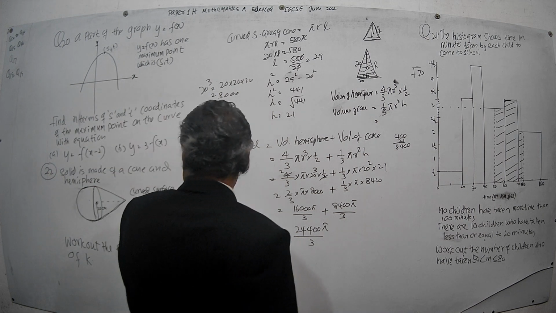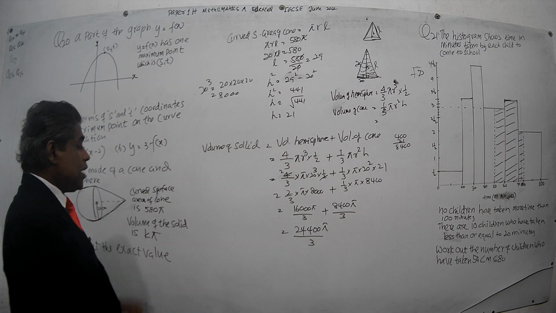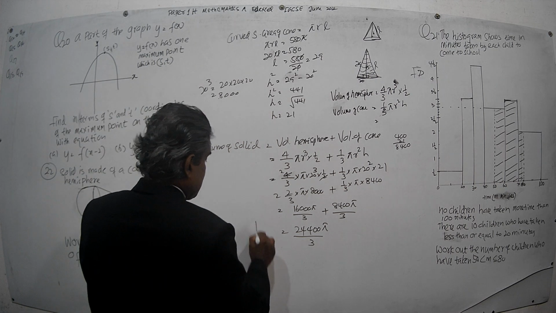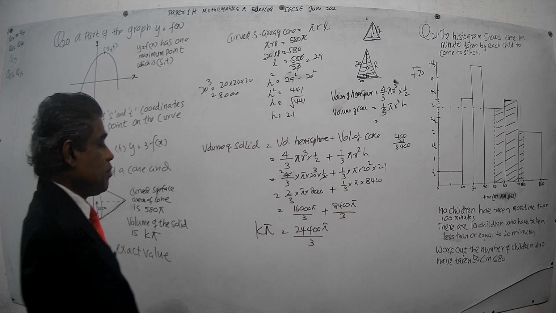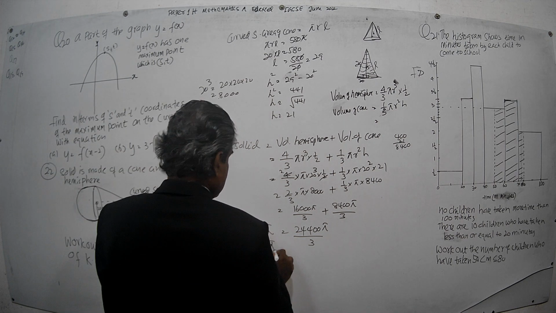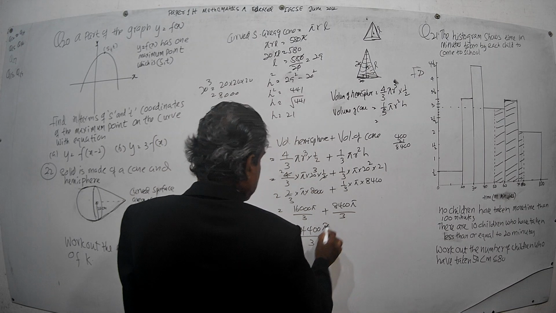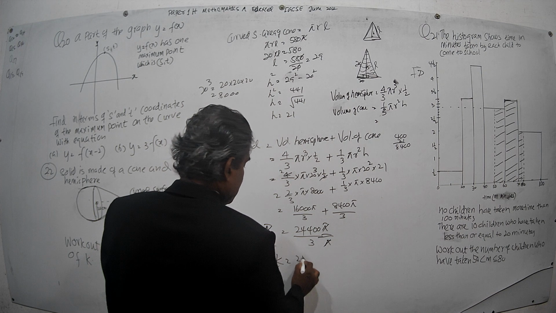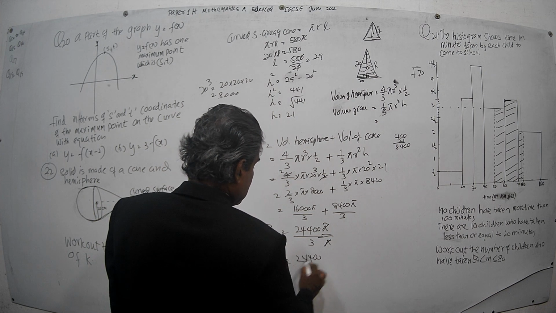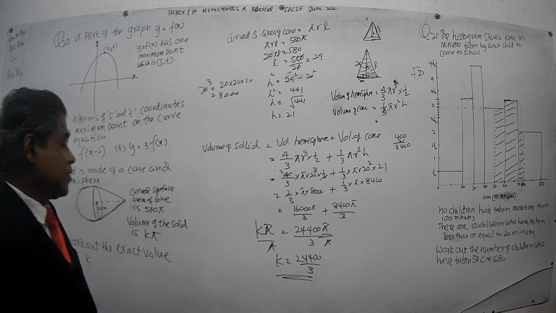They say the volume of the solid is k pi, so this equals k pi. Dividing both sides by pi, the pi cancels, and k equals 24,400 over 3. That is the answer, the k value.